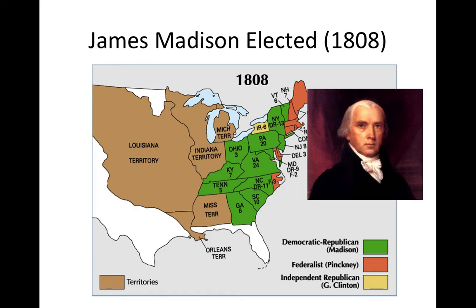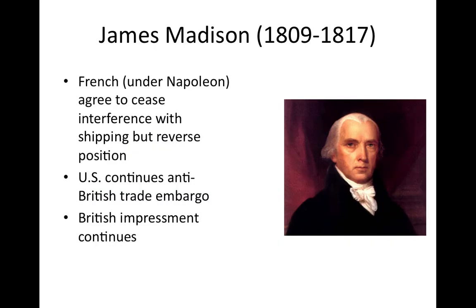Anyway, in 1808, James Madison is elected. He takes office in 1809. James Madison is a Democratic Republican, a very strong ally of Thomas Jefferson, who declares himself to have the same values as Thomas Jefferson: small government, power to the people, power to the states, westward expansion, all those things that Democratic Republicans say that they were all about.